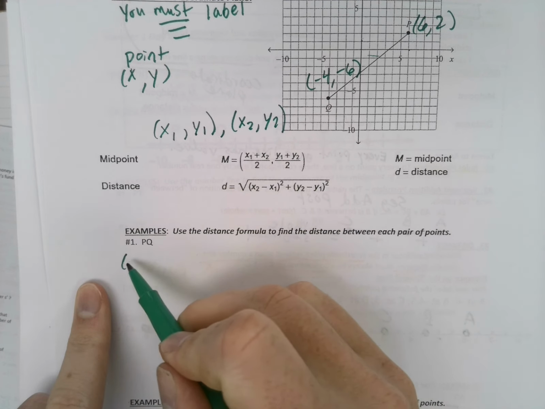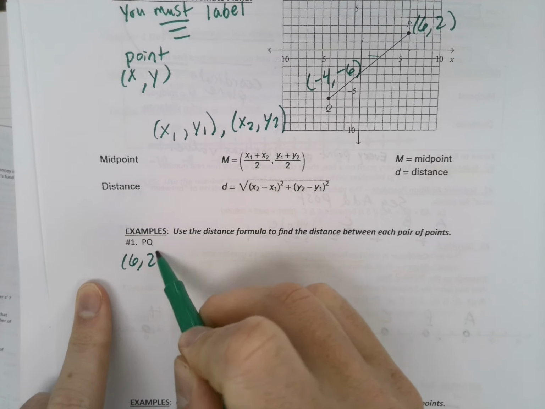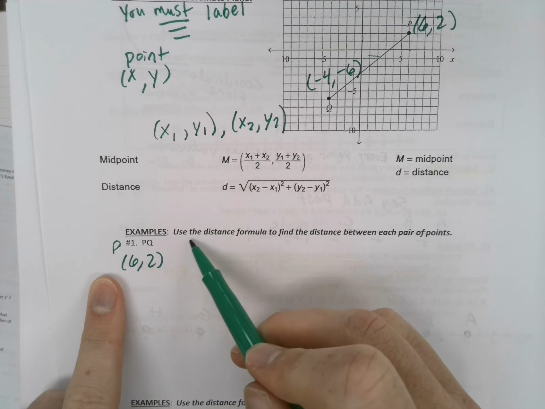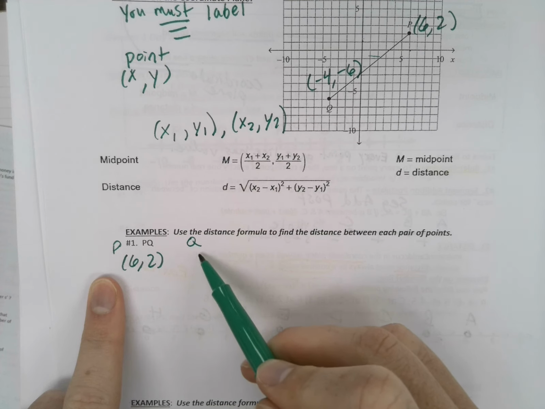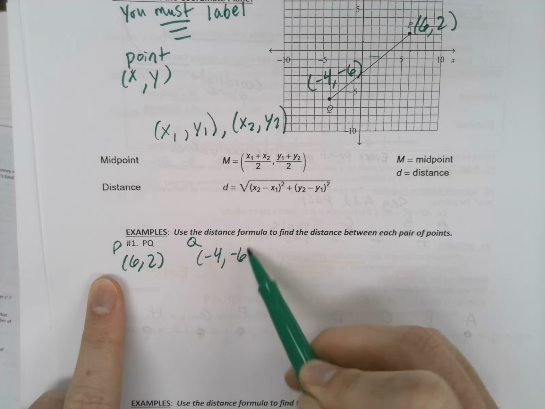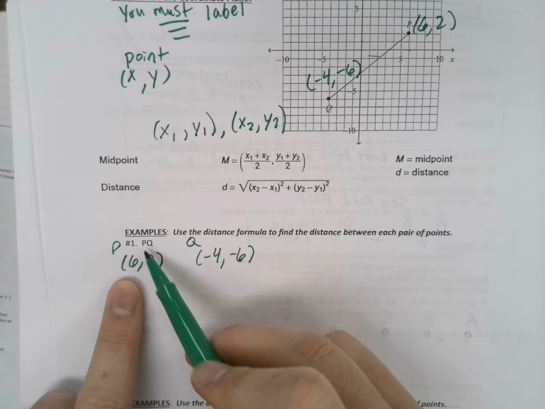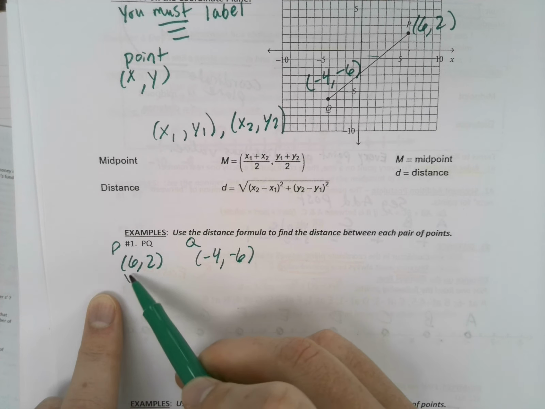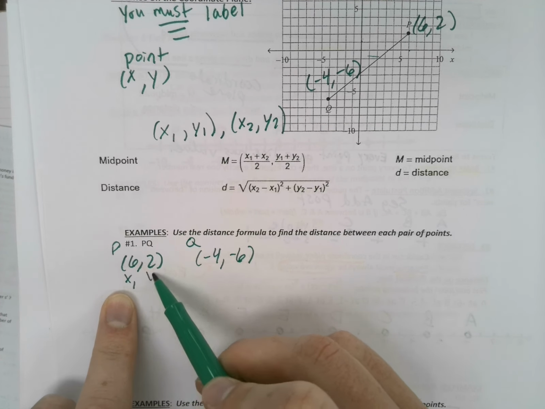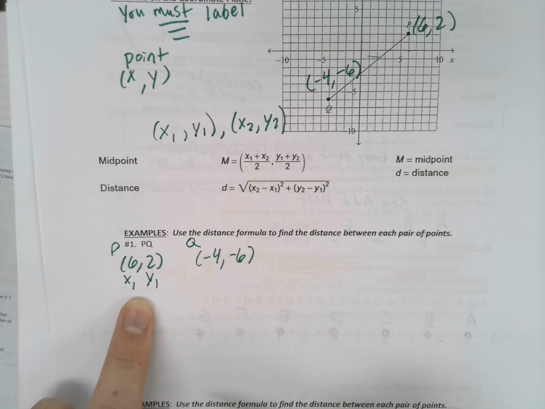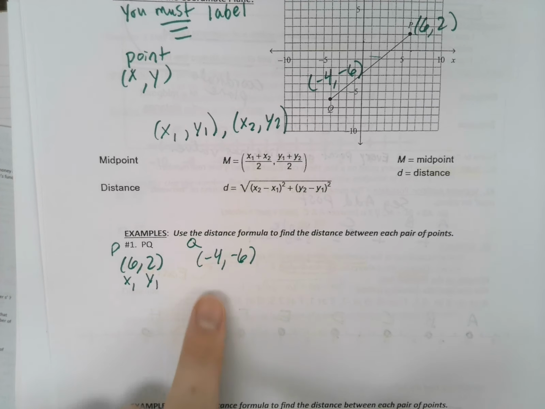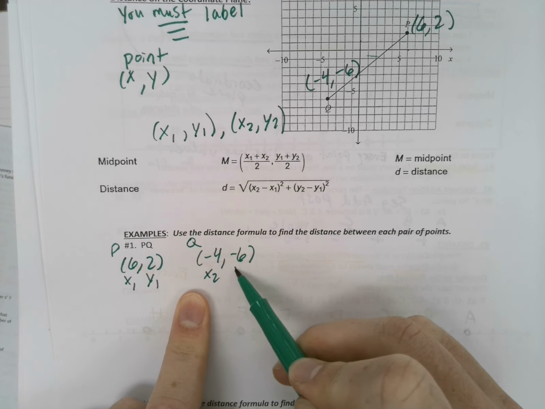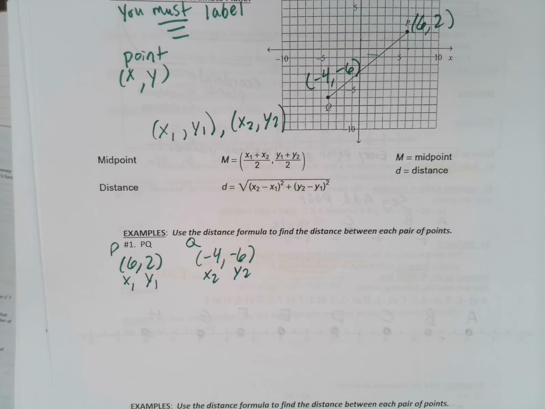So I'm going to write P's coordinates again, 6, 2 is P, and Q was -4, -6. And since we labeled P first, P is going to be our first point. That means it's going to have the first x coordinate and the first y coordinate. And so some of you guys know that must mean for Q, that's going to be the second x coordinate and the second y coordinate.